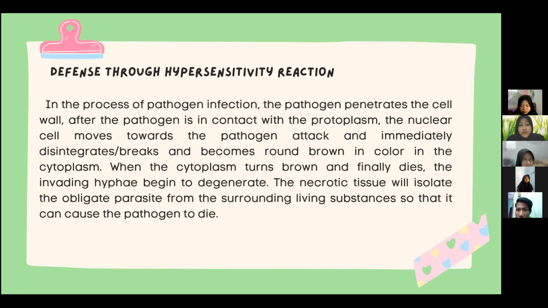When the cytoplasm turns brown and finally dies, the invading hyphae begin to degenerate. The necrotic tissue will isolate the obligate parasite from the surrounding living substance so that it can cause the pathogen to die.